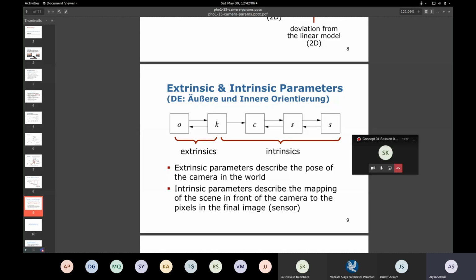So I'm going to manipulate these values so everything is described from the point of view of the camera. So extrinsic parameters are basically just the external location of the camera. It's where the camera is located and how it's oriented.